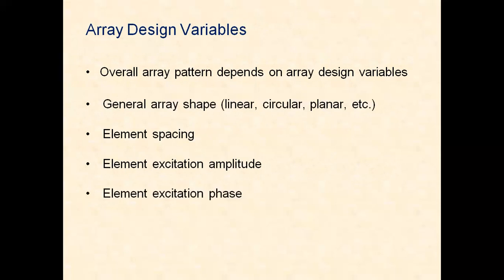Element excitation phase: whether one antenna is excited with 0 degrees phase and another with 180 degrees. So we have various design parameters to get the overall desired radiation pattern. Then the pattern of the array elements: a radiation pattern that may be circular, omnidirectional, figure of 8, or in a particular direction.